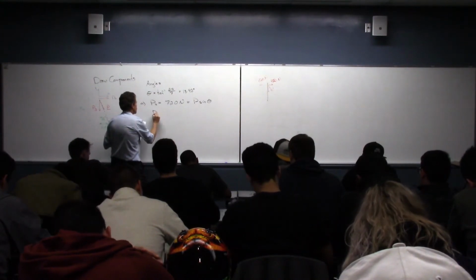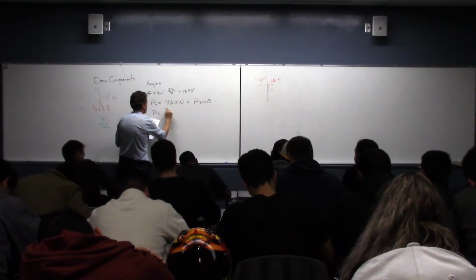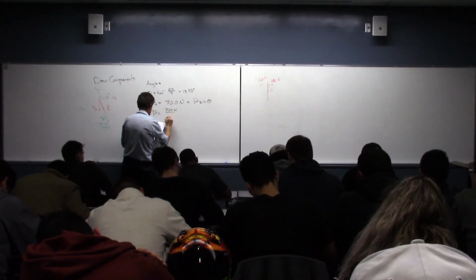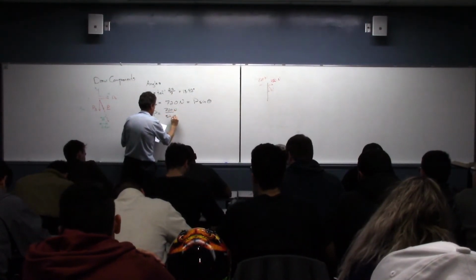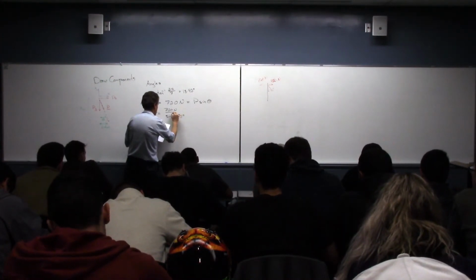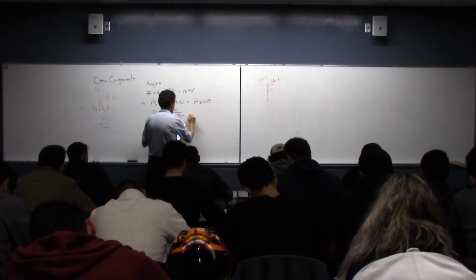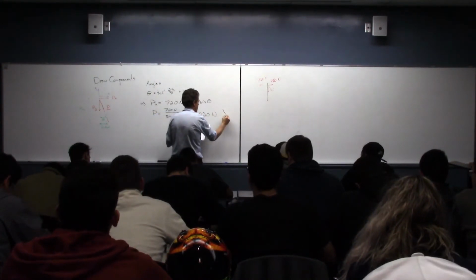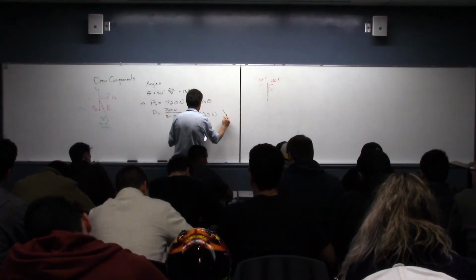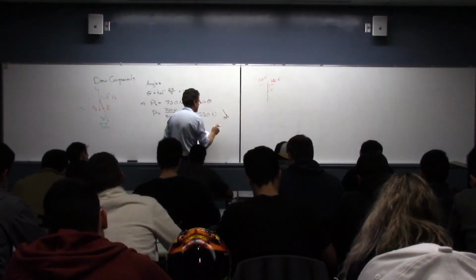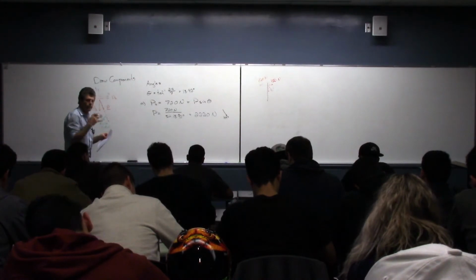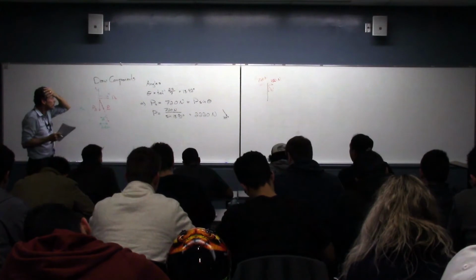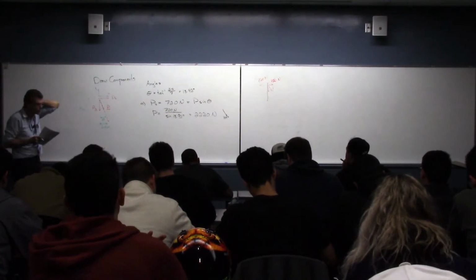So I can set up and solve for P right off the bat. What we find is that the cable, as we suspected, is a lot bigger than the horizontal force I need.